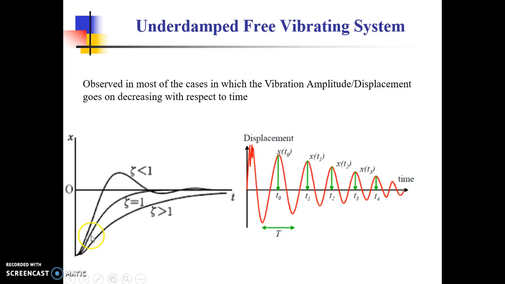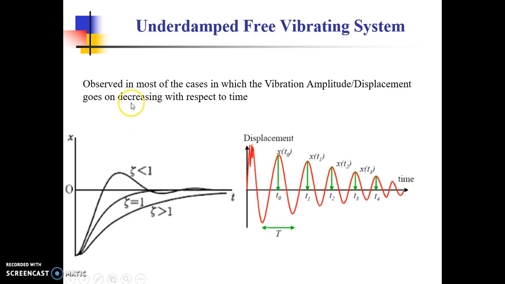The response of such systems becomes like this: when the damping ratio is more than 1, the system is over damped. When it is equal to 1, it is critically damped, and when it is less than 1, it is under damped.